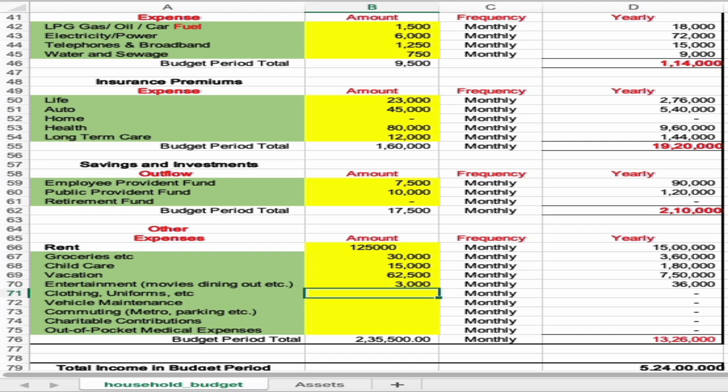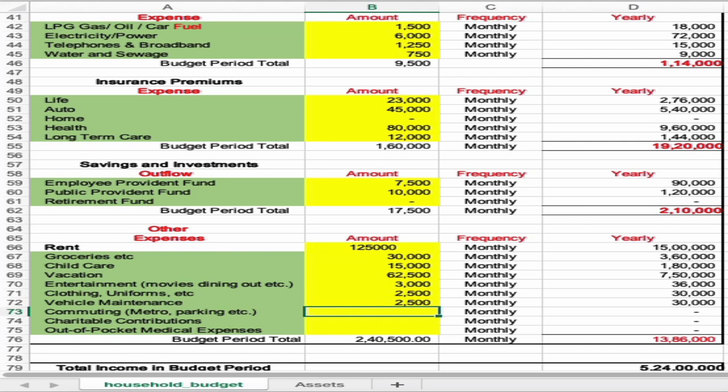Clothings and uniform for the child, let's say that is monthly figure, I don't know. So annually I pay, let's see, what is a good figure, 30,000 rupees divided by 12 to get the monthly. Vehicle maintenance, so let's say per year it costs you 30,000 rupees and per month it comes down to 2,500.